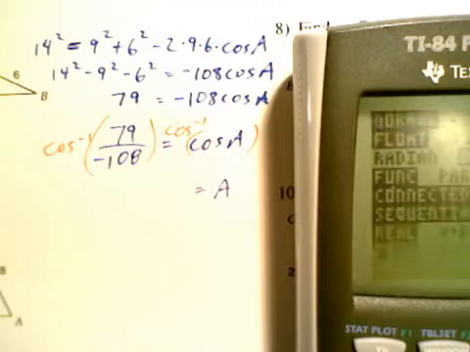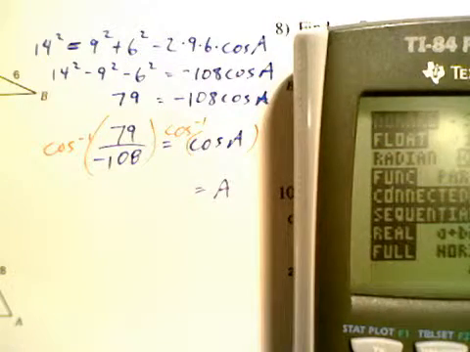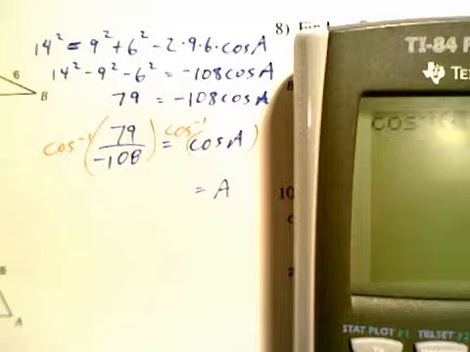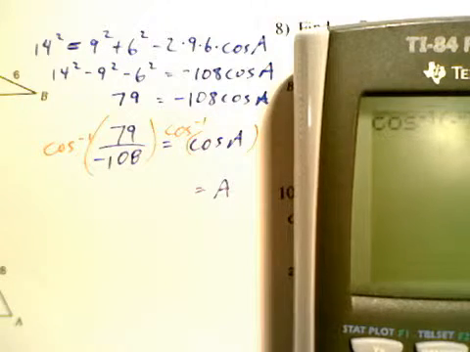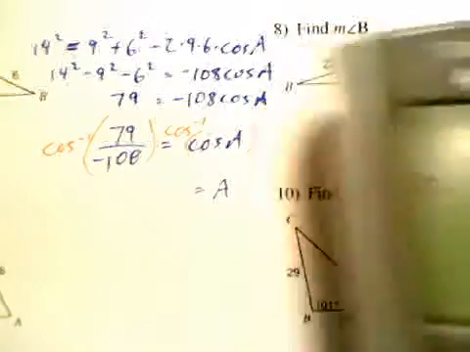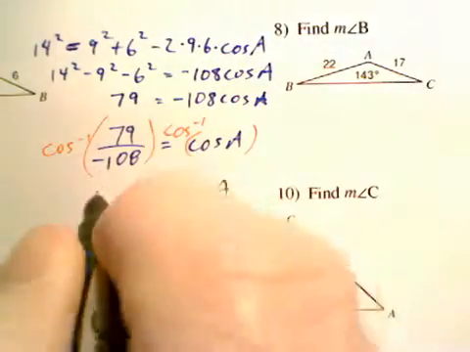So again, we're going to check the mode. The mode is degrees. So we type in second cosine, inverse cosine of, and make sure you get that negative in there, 79 divided by 108. Close parentheses, and we get 137.011.